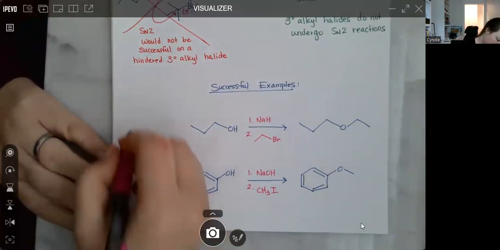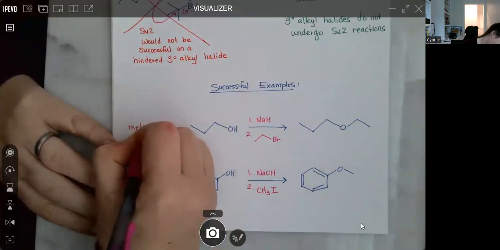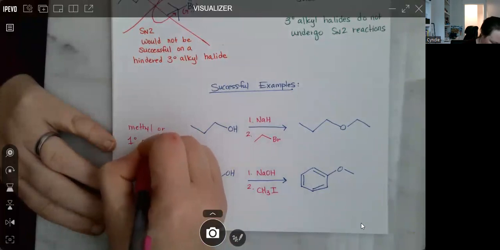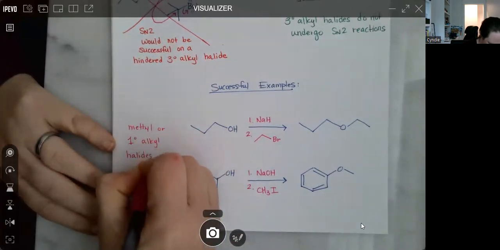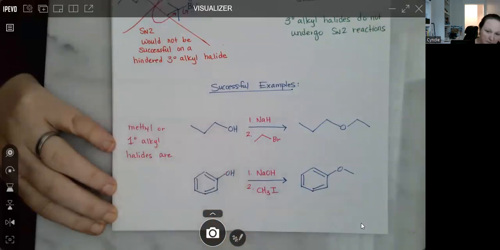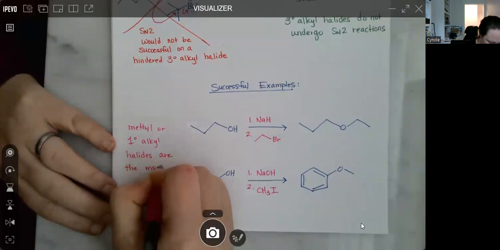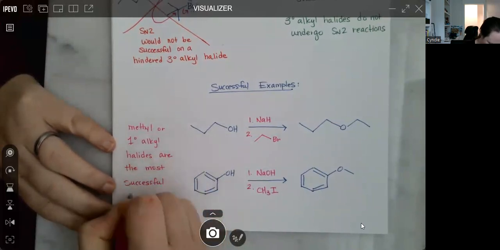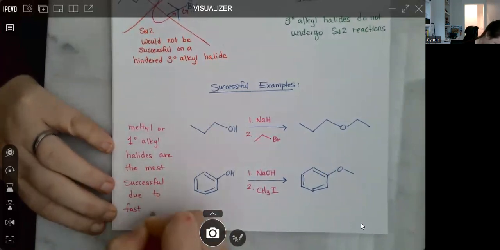So we'll say primary or methyl alkyl halides are the most successful due to being able to do a fast SN2 reaction.